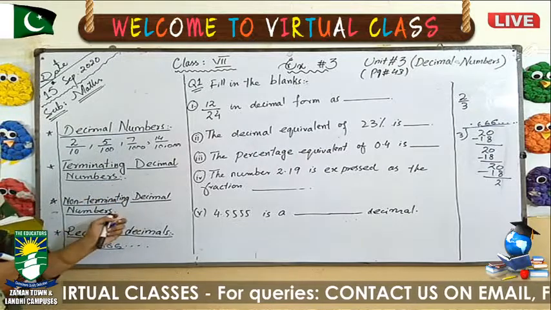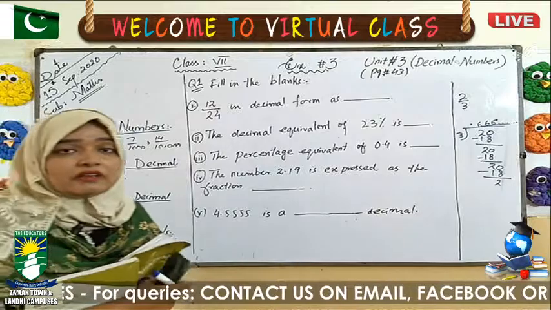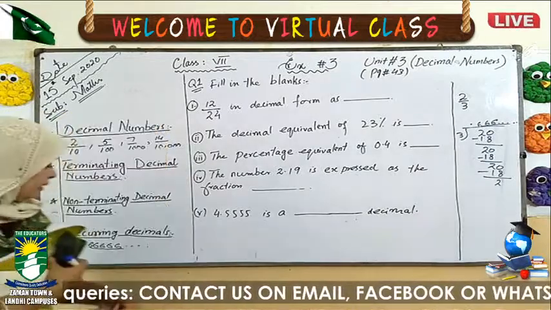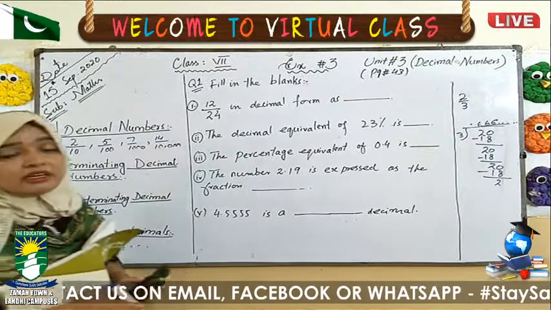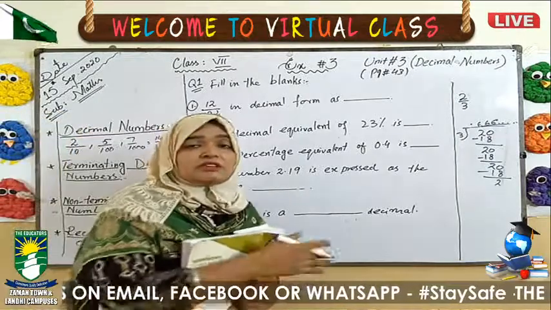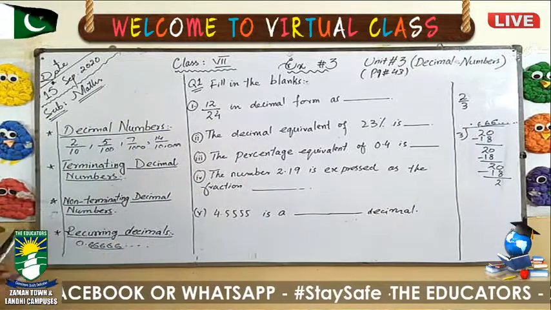Non-terminating decimal numbers: if you have infinite numbers after the decimal, then these are known as non-terminating numbers. Now, recurring decimal numbers: if after the decimal your number is repeating again and again, then it is known as a recurring decimal number.